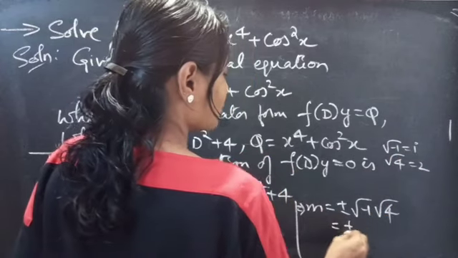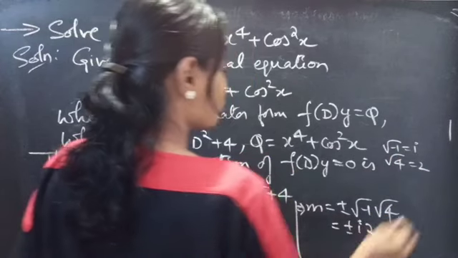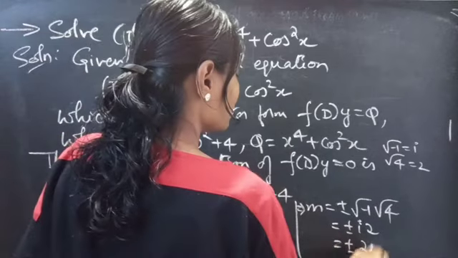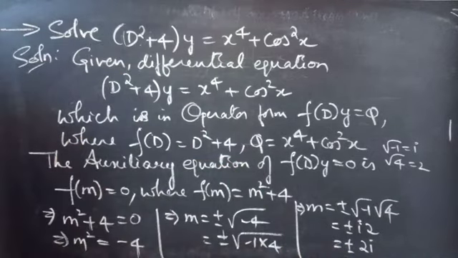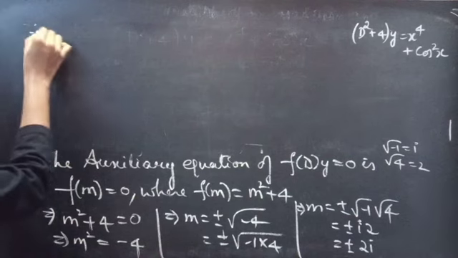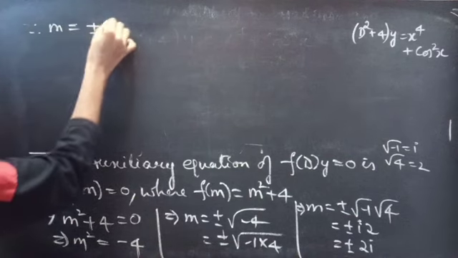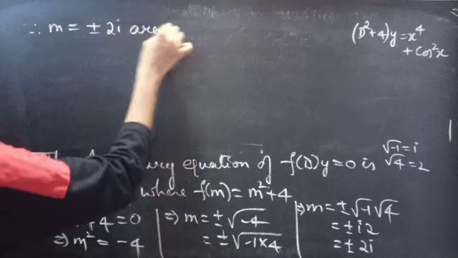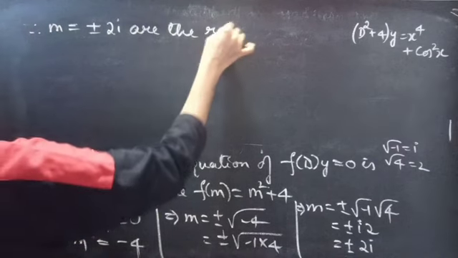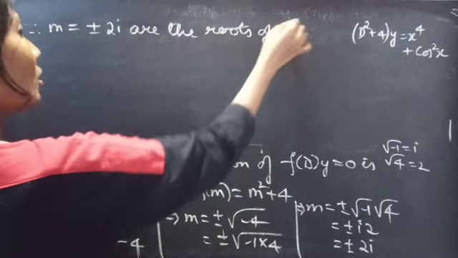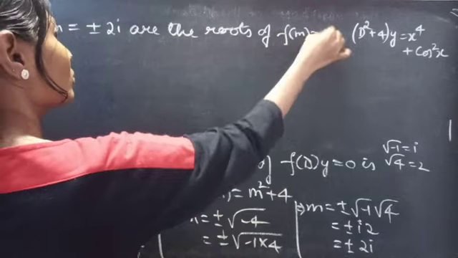This becomes plus or minus i into 2, or plus or minus 2i. Right? So we got imaginary roots. Therefore, m equals plus or minus 2i are the roots of our auxiliary equation.